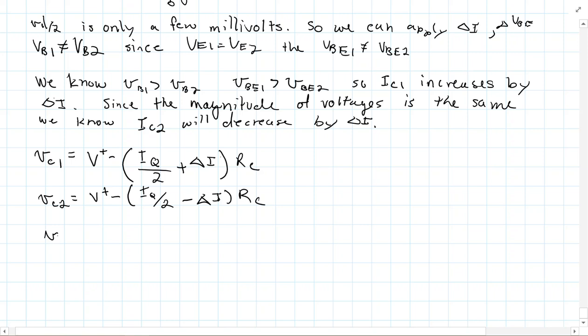And then we get VC2 minus VC1 here. Well, let's just do the subtraction here, see if we can do this. Actually, let's just be careful here.